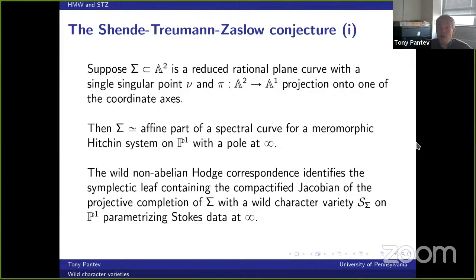I actually have no clear explanation why. It appears when you take the spectral curve describing the type of characters of local systems that you're looking at, and that spectral curve actually has a singularity.